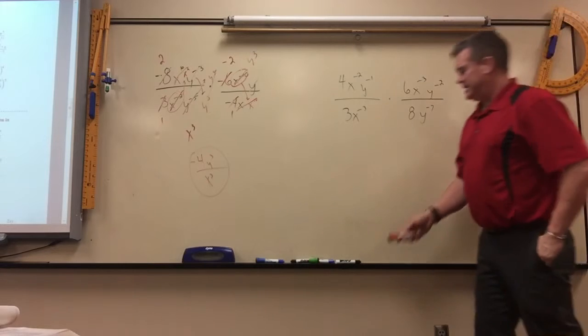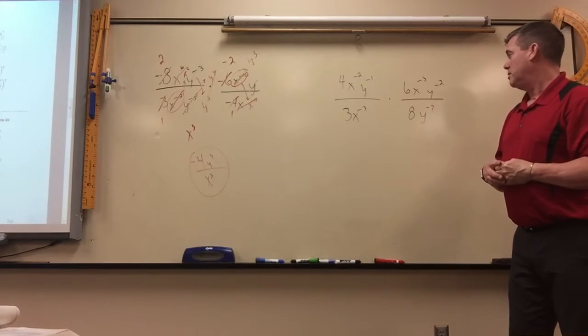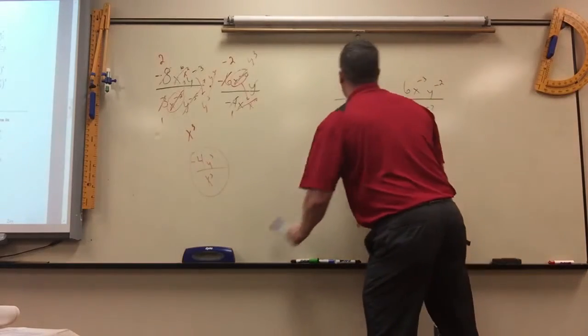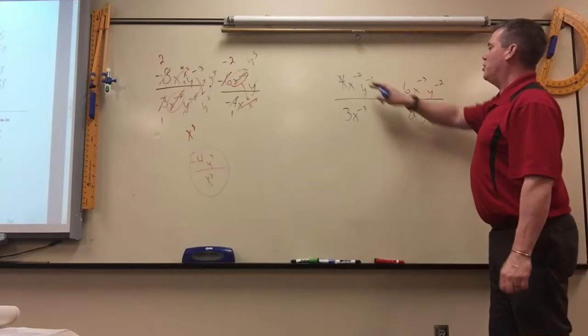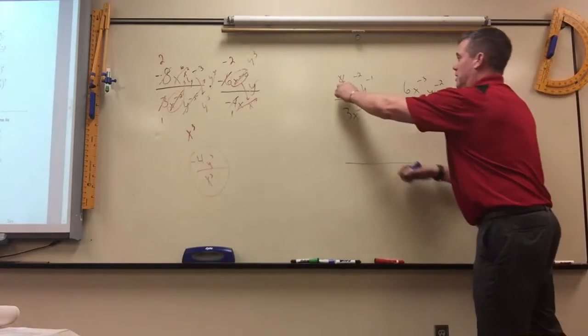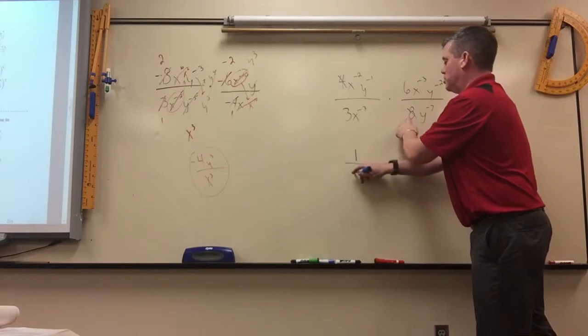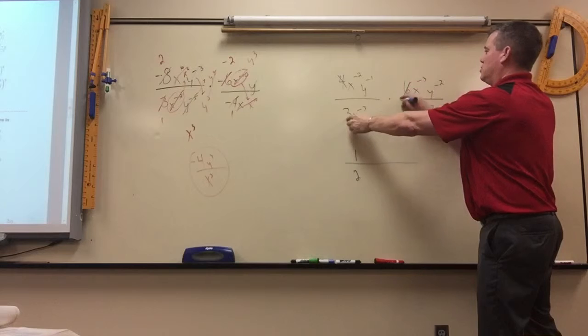So again, instead of just crossing it off, you may want to just rewrite it right away. Canceling these off, 4 over 8 is 1 over 2. So I'm just going to go like this. It's probably easier this way. This becomes a 1. This becomes a 2. 6 over 3 is 2 over 1.